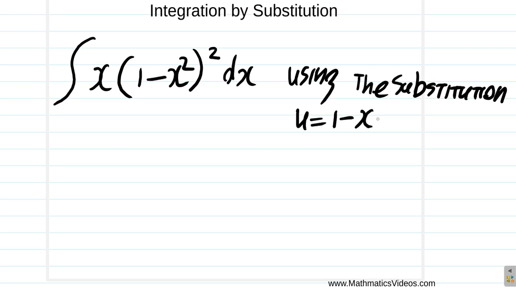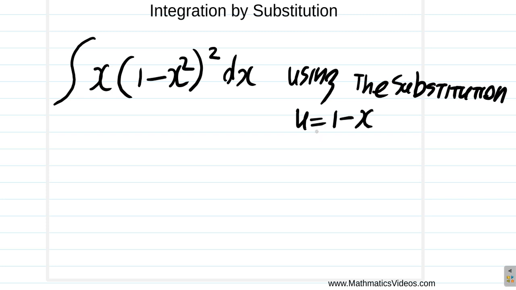Let us integrate this function: x times (1 minus x squared), all squared, dx. Using the substitution u equals 1 minus x.